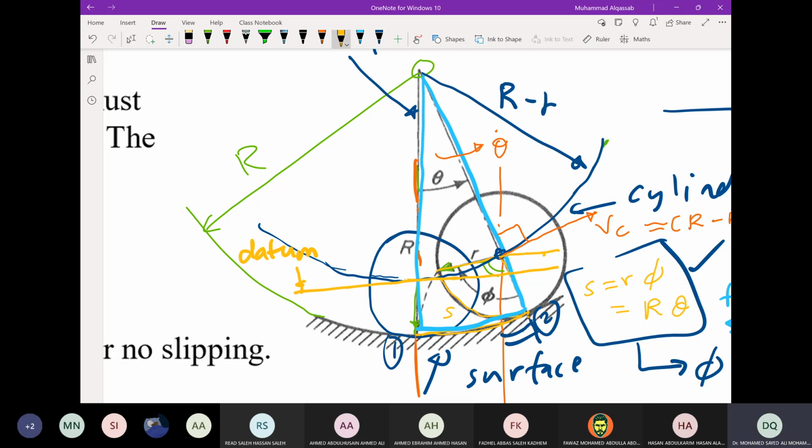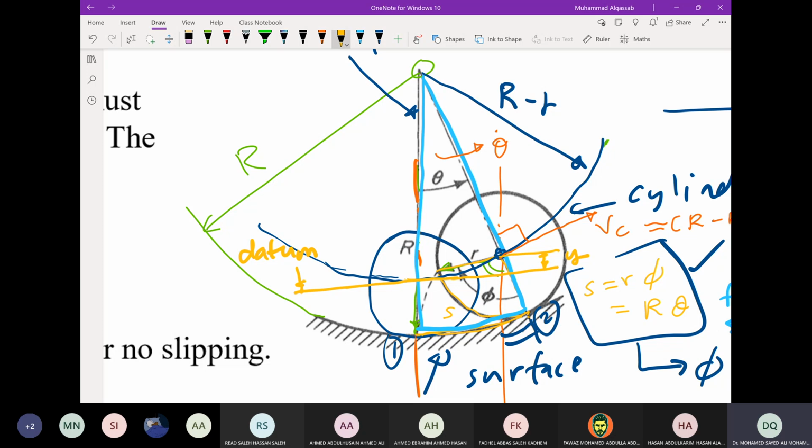And then this is the height, y. If we find y, then the potential energy U is equal to mg times y, and mg is W, so it is W times y.